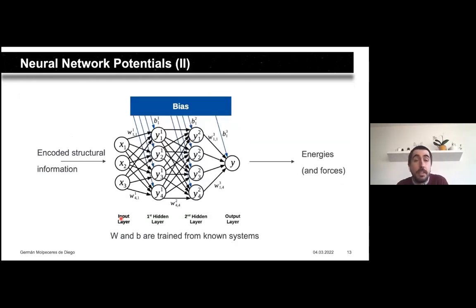The general idea of this type of methods is to encode structural information, such as, for example, Cartesian coordinates. Cartesian coordinates are not really good for this kind of systems, but just for us to understand, we input some kind of coordinates here, and they are transformed into energies via linear transformations between the different neurons in the systems. The trick here is that the parameters that connect these input layers with the layers that transform into energies and eventually forces too are trained in known systems, in physical systems for which we know the answer on how the forces and the energies are.